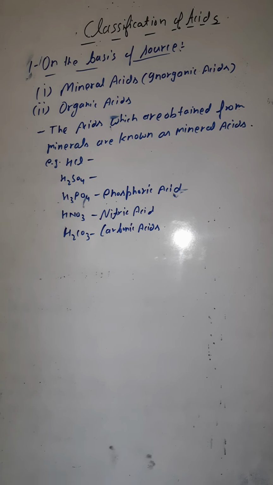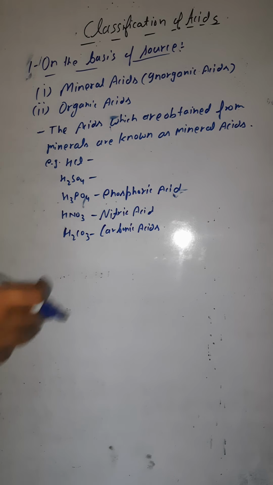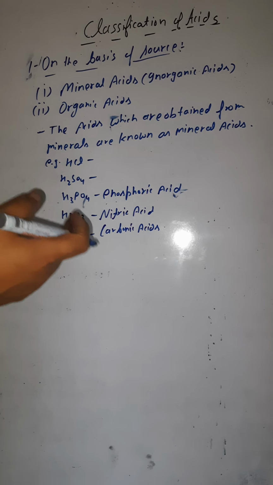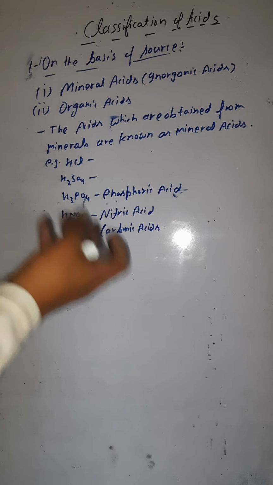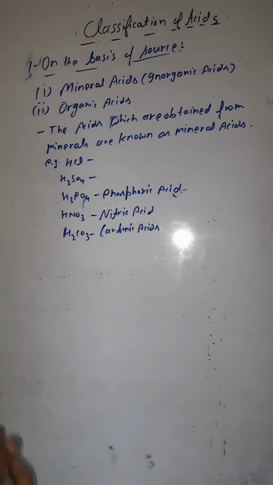We have already discussed the Arrhenius concept. According to this concept, acids are those which give hydronium ion or hydrogen ion in the solution.